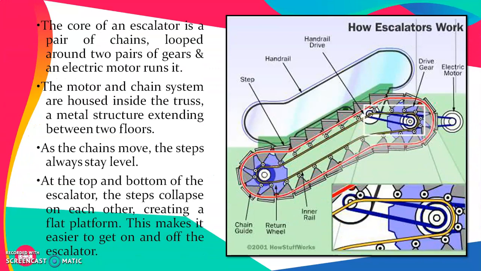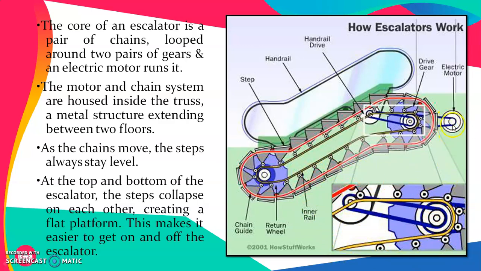Let's understand how an escalator works. The core of an escalator is a pair of chains looped around two pairs of gears, and an electric motor runs it. So this shows the electric motor. The drive gear and electric motor are attached here, and along these shafts it is operated, as shown in this enlarged view of it.